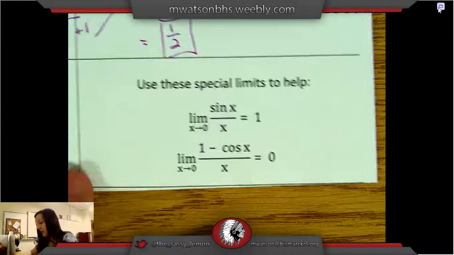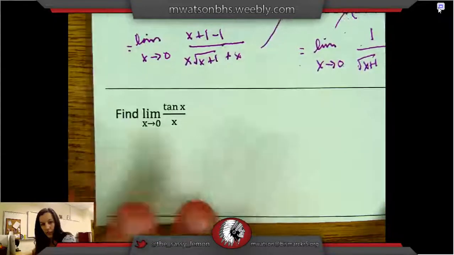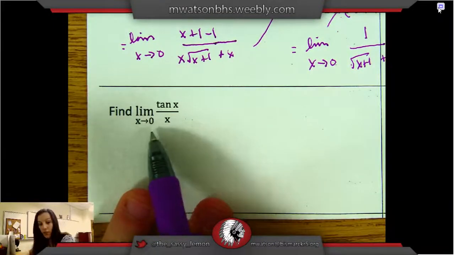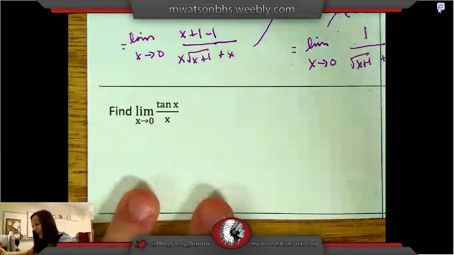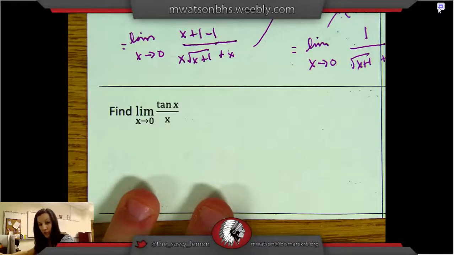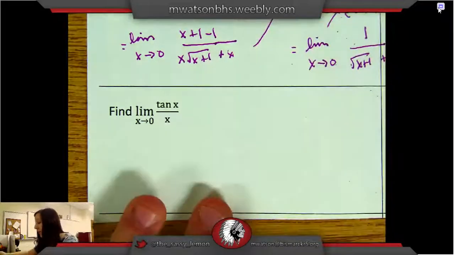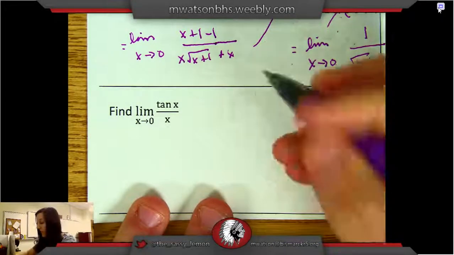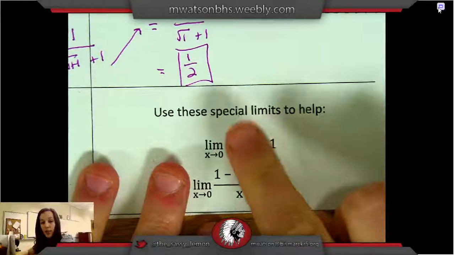For example, over here, if we tried to evaluate this limit by direct substitution, we would again have a 0 in the denominator, which is bad. So instead, we're going to try to manipulate this argument, tangent x over x, to have one of these in it.